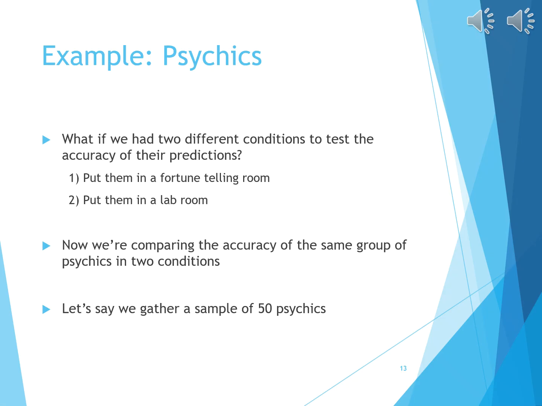So maybe they'll do better at predicting the suit of cards in a fortune-telling room as opposed to in some kind of lab room. So let's say we get a sample of 50 psychics.